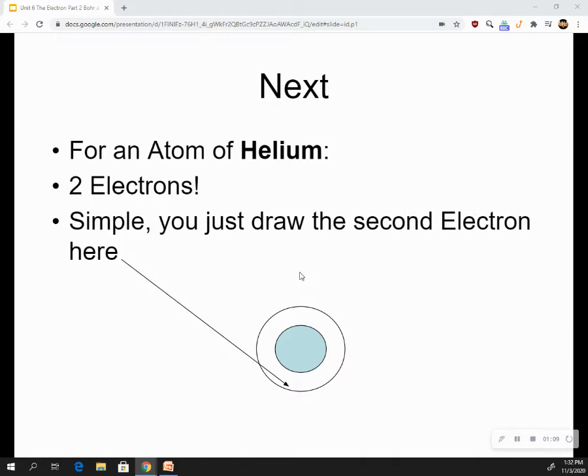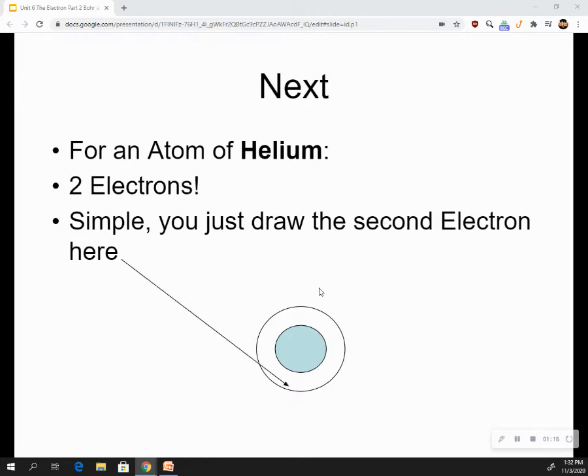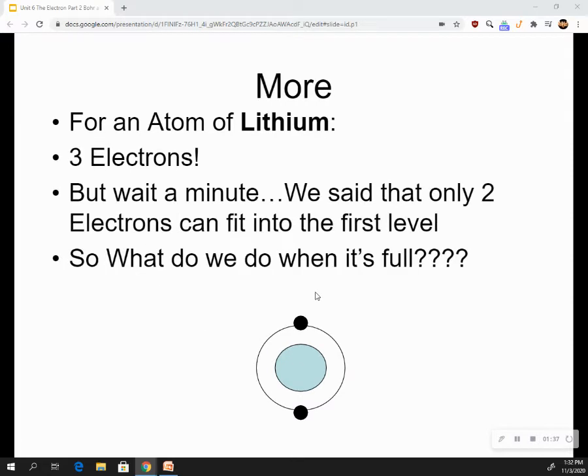So in this case, we have 1 electron in our outermost shell. So next we have helium. Helium is number 2, so it has 2. So we will write 1, 2. So we have now filled our first energy level. So helium is the only atom that will have just 2 in its outermost shell.